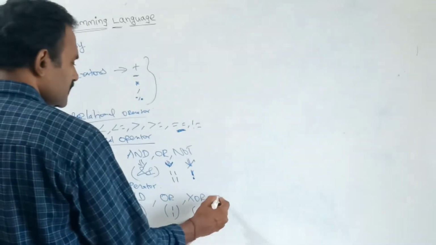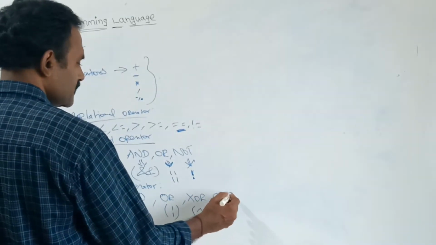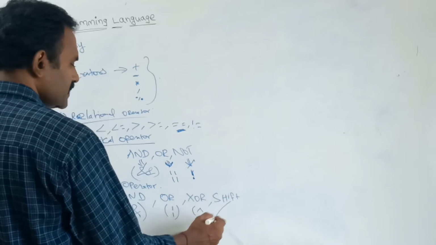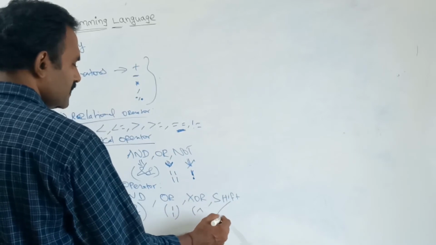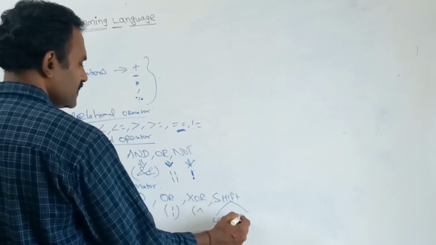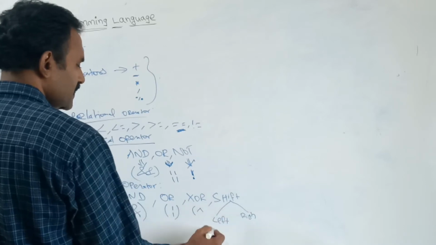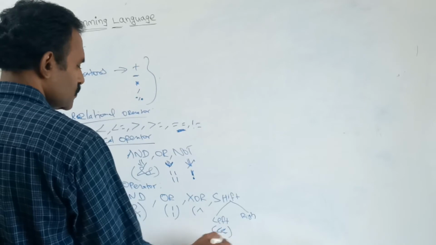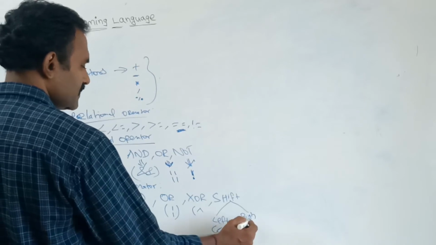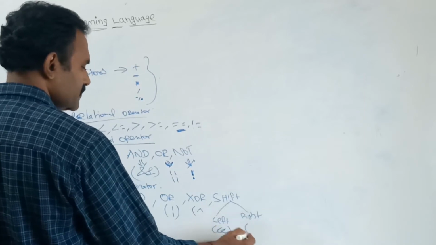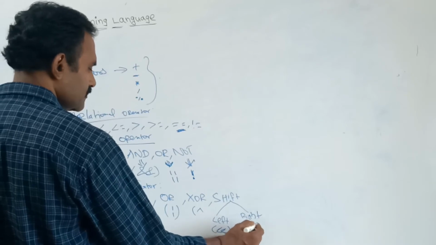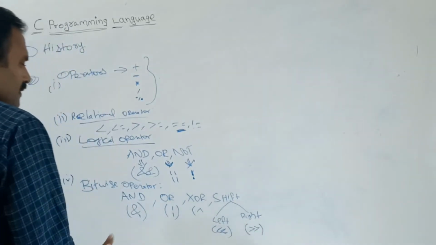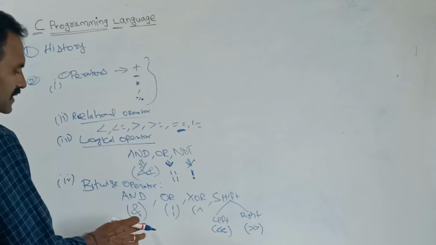Next, shift operators. There are two types, shift left and shift right. For shift left we use two lesser symbols. For shift right we use two greater symbols. These are all shift operators.